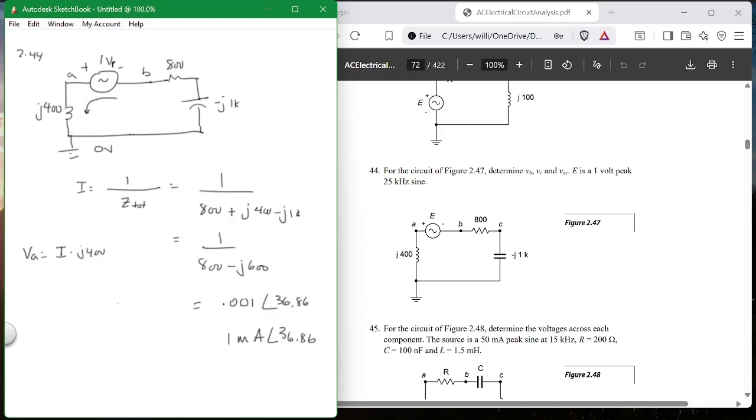So what would be VA? It's 1 milliamp at 36.86 degrees times J400. What is that? 0.001 angle 36.86, times 400 I, it's equal to 0.4 at angle 126.86. That's VA.